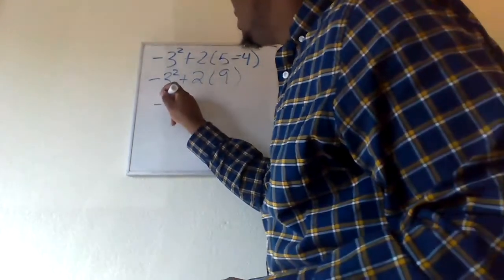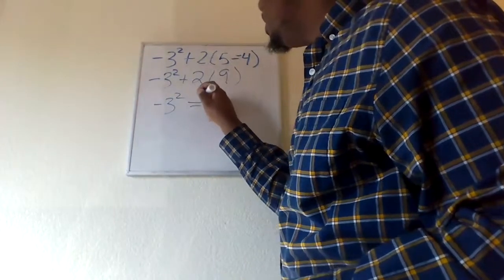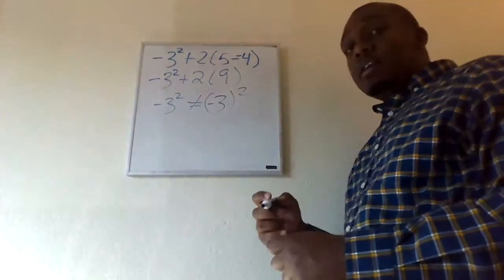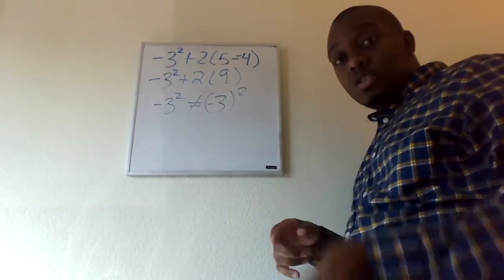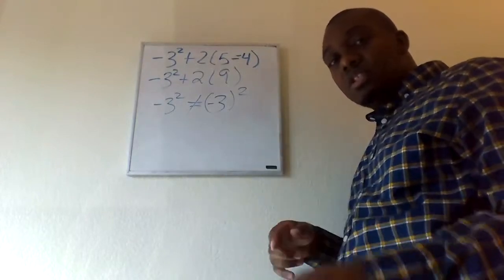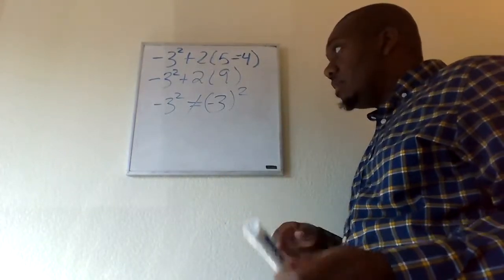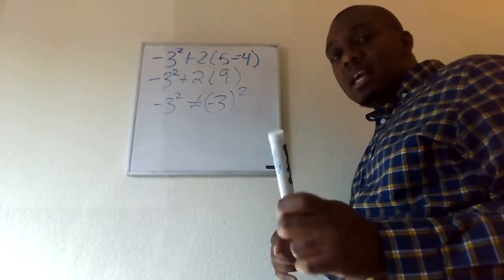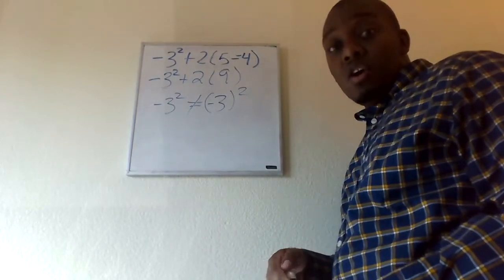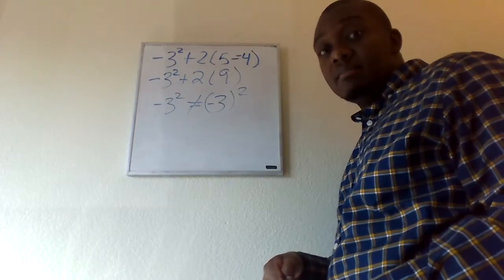This says -3 squared. It does not say (-3) squared. Those are two different things, two different answers, two different equations, two different expressions. Do not say they are the same. Are they the same? No, they are not.